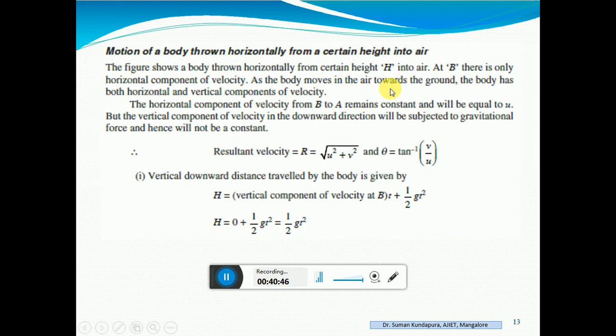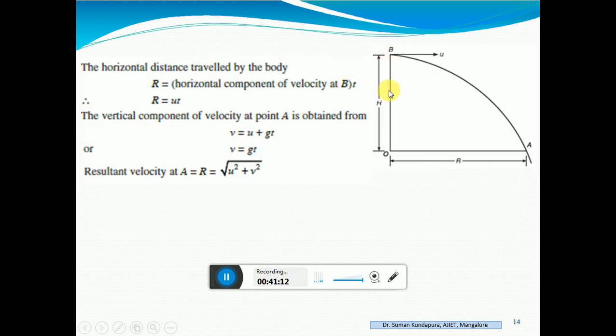Now first I want to find out the vertical downward distance traveled by the body, that is vertical component of velocity at b into t plus half gt square. The vertical component of velocity, I told just now, uy is equal to 0. Vertical velocity at this point is 0.